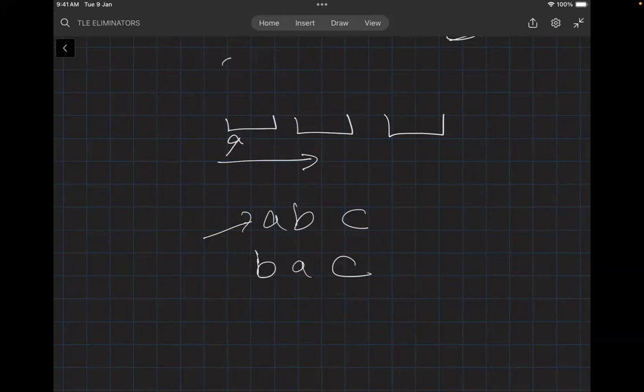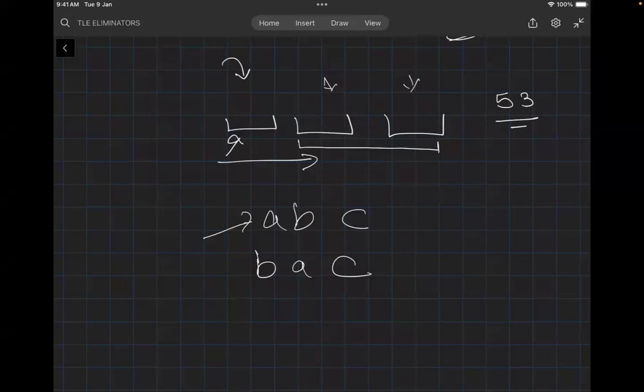Now, what do we have to do here? We have to fix the smallest character such that I can allot some characters to the other positions. What do I mean by this? For example, I have 53.